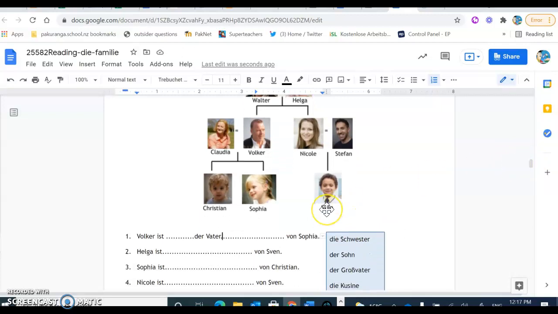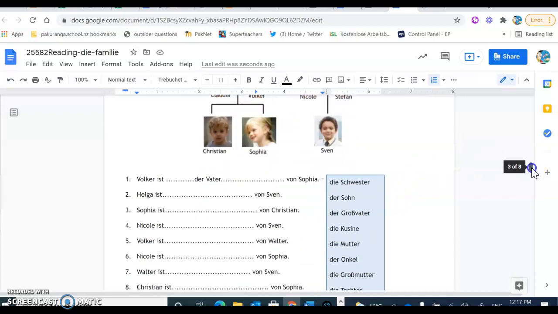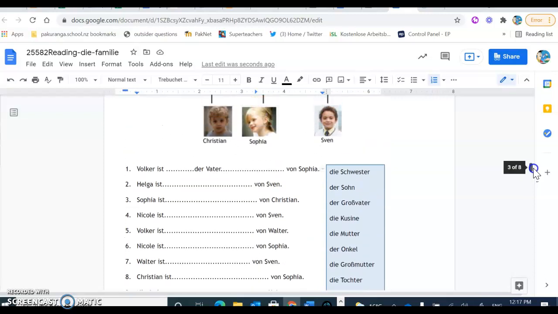Helga, who is Helga? Helga is the grandmother of, no, wait a minute, where's Sven? Yeah, so he is Sven's grandmother. Here we go. Großmutter. Helga ist die Großmutter.